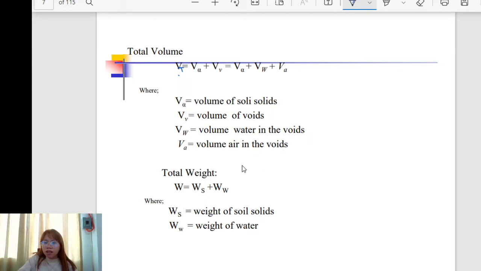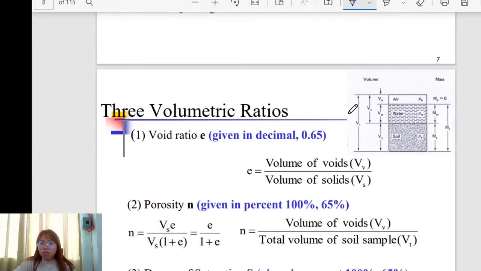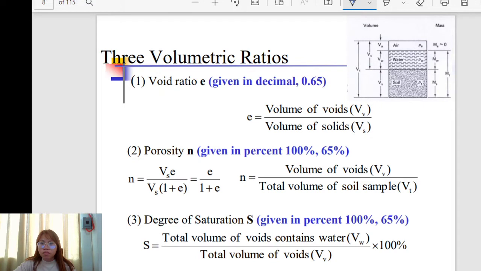So the total weight W sub T is equal to the weight of the soil plus the weight of the water.